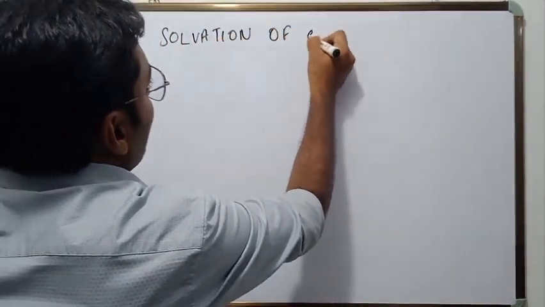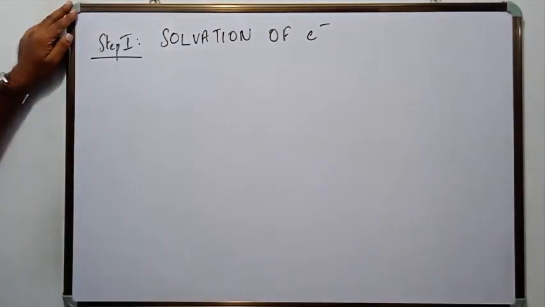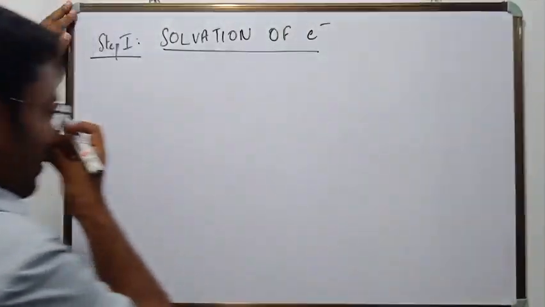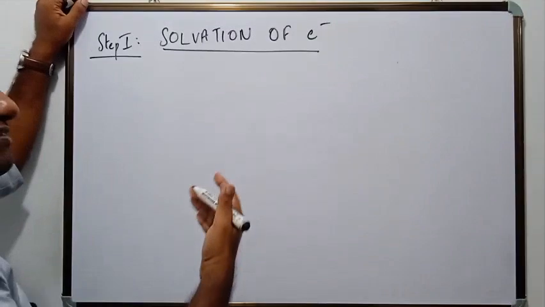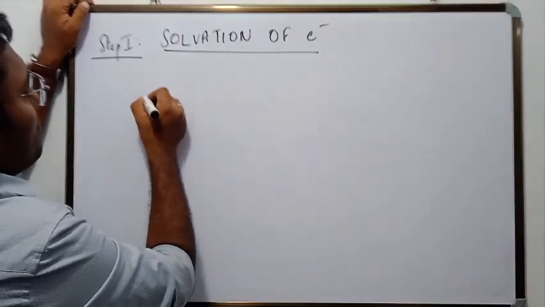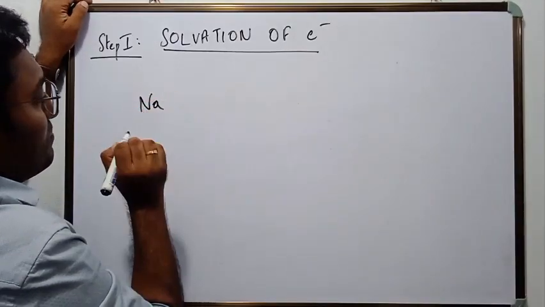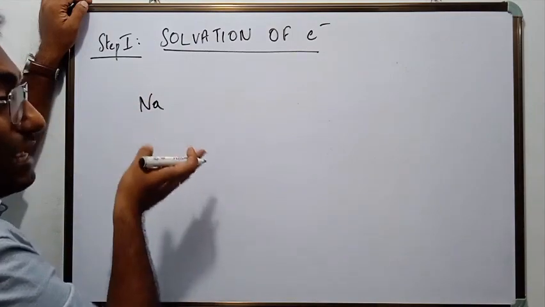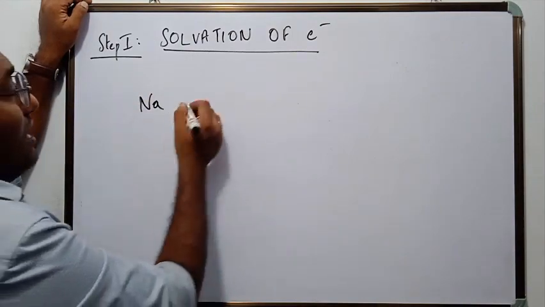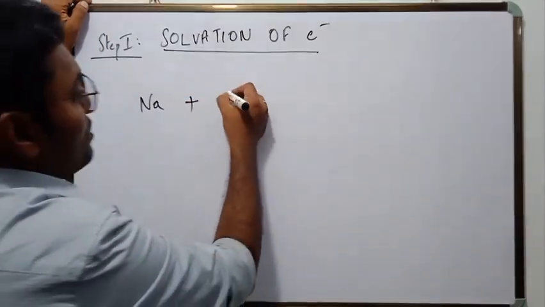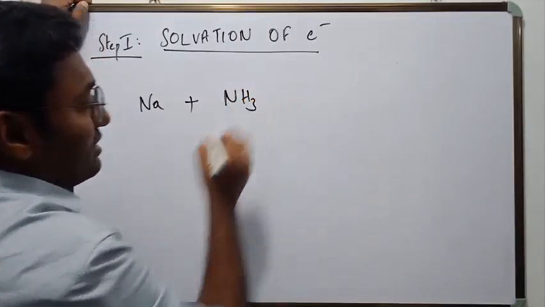Okay, electron I am writing like this. Solvation of electron. First I will write the reaction and then we will try to understand. So this is sodium. It's happening in the presence of sodium, right? And there is liquid ammonia also, NH3.